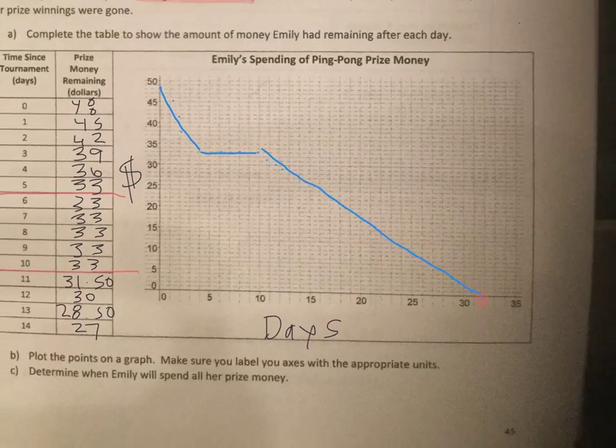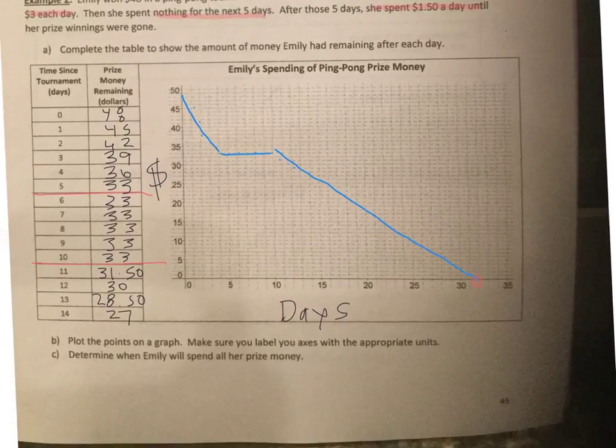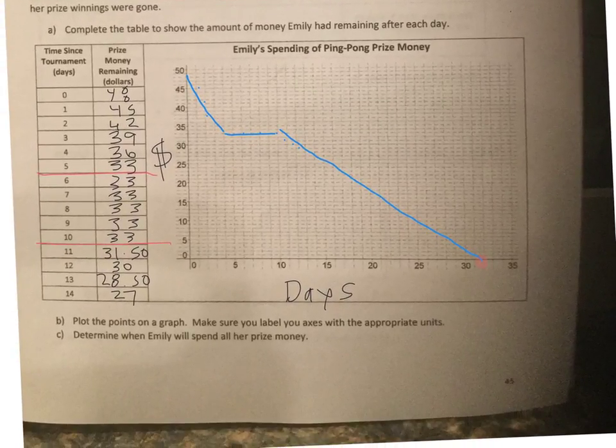Now, on part C at the bottom of the page, it says, determine when Emily will spend all of her prize money. Well, we just estimated on our graph, and we said we think it's going to be about 32 days-ish. Your graph might look a little bit different. But we're going to do this algebraically and see if we get the same thing. So we're going to come up with an equation.